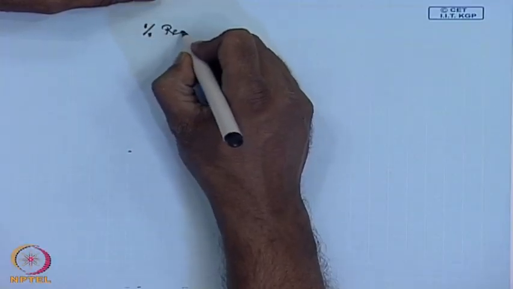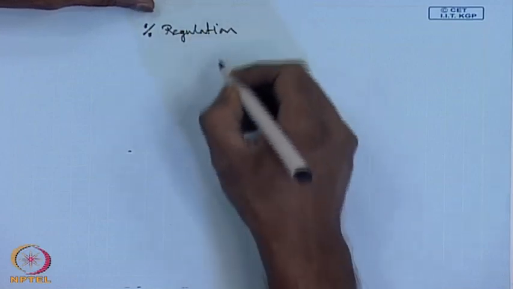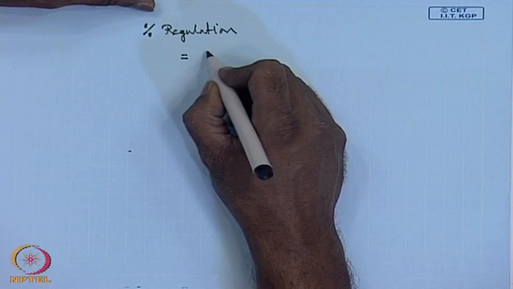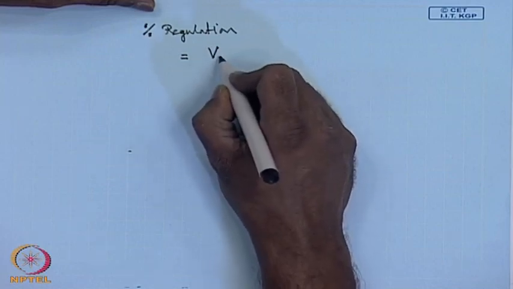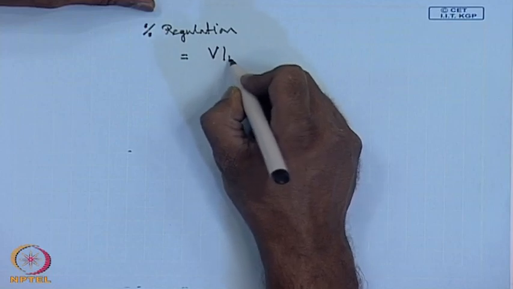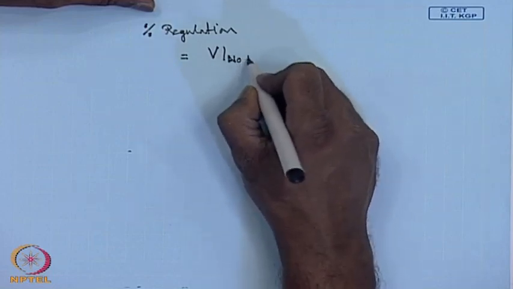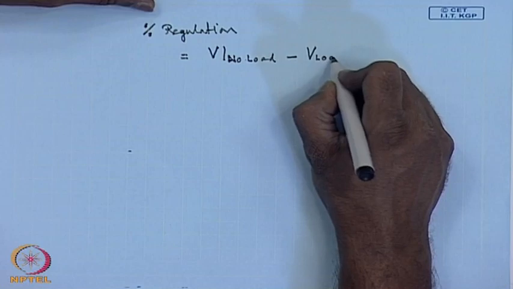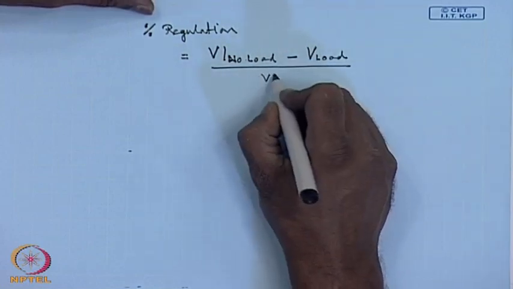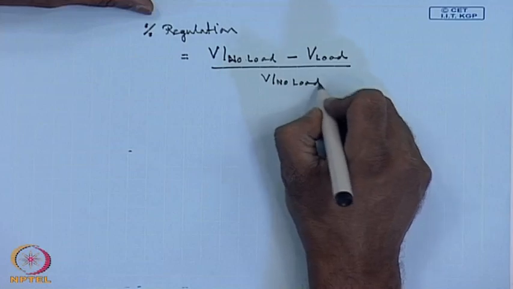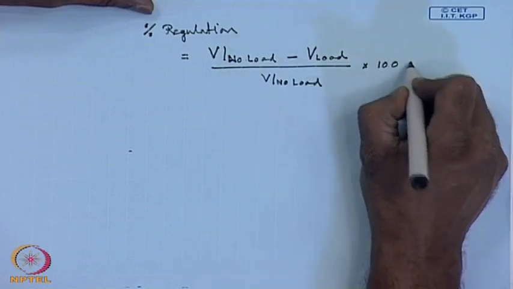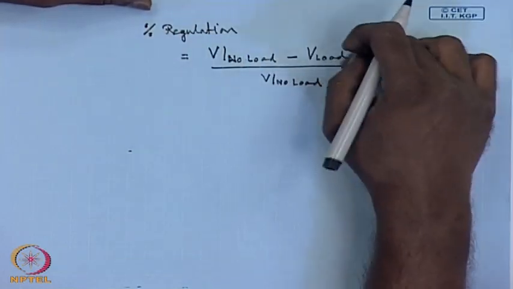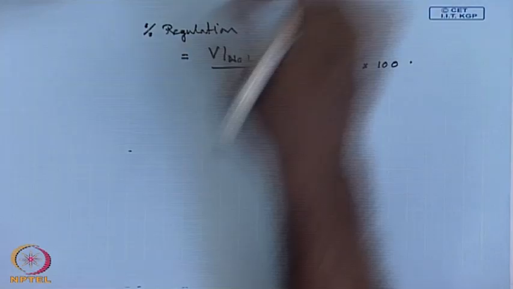In fact, in a single phase transformer, we have defined the quantity percentage regulation of a transformer as the terminal voltage at no load, V at no load, minus V at load, divided by V at no load, into 100.